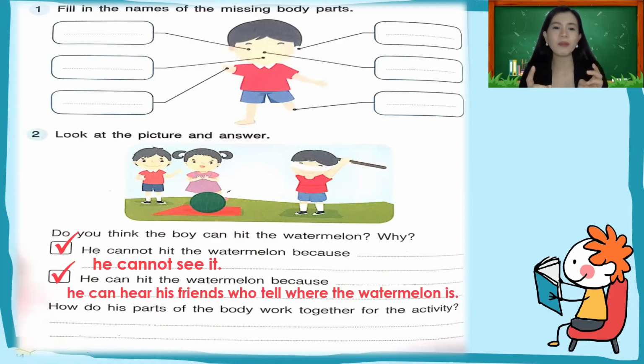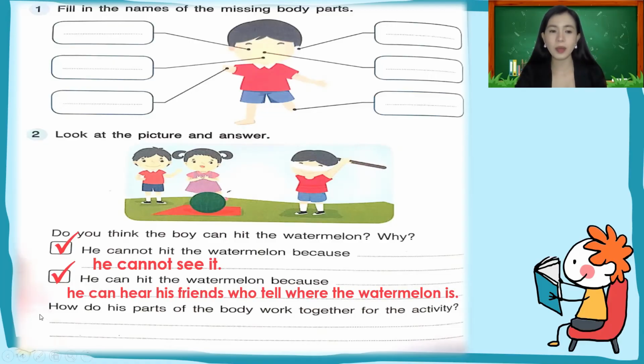He can hit the watermelon because he can hear his friends who tell where the watermelon is. So maybe he cannot hit the watermelon because he cannot see it with the blindfold, or he can hit the watermelon because he can hear his friends who can tell where the watermelon is. Okay, so there are both possible answers.